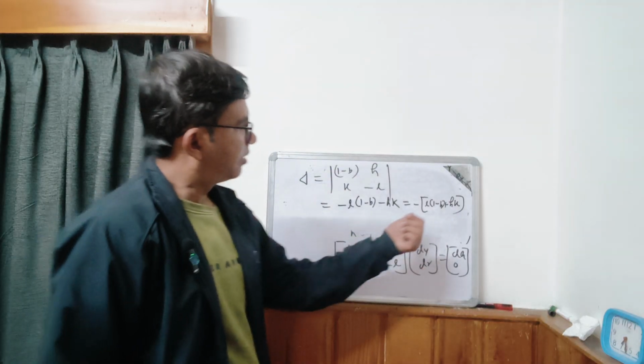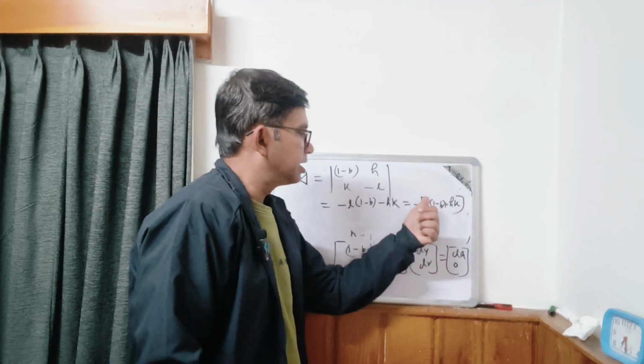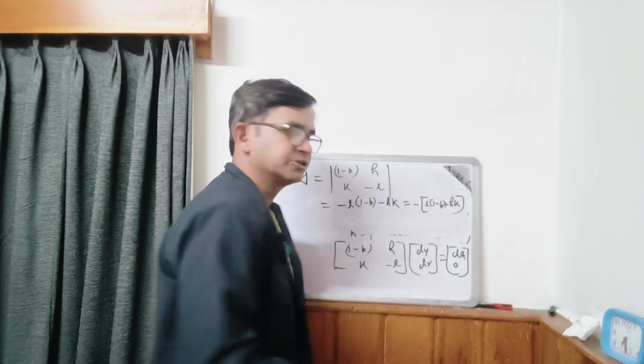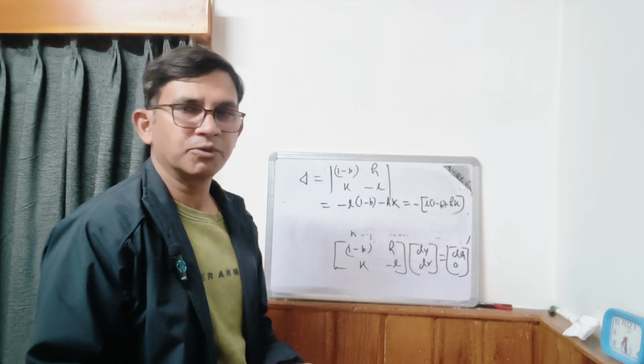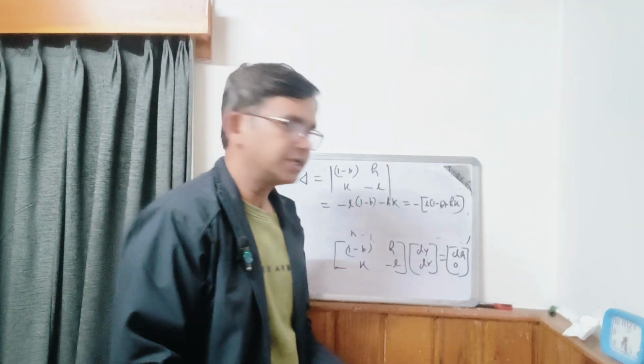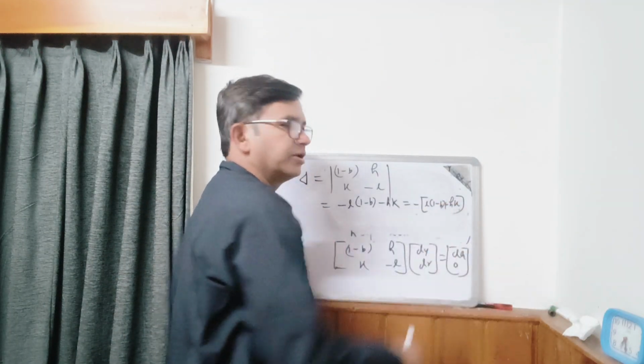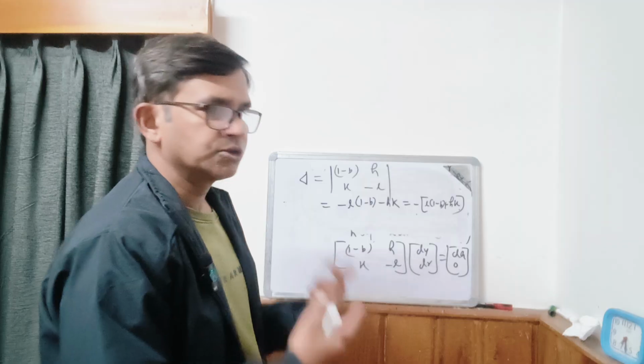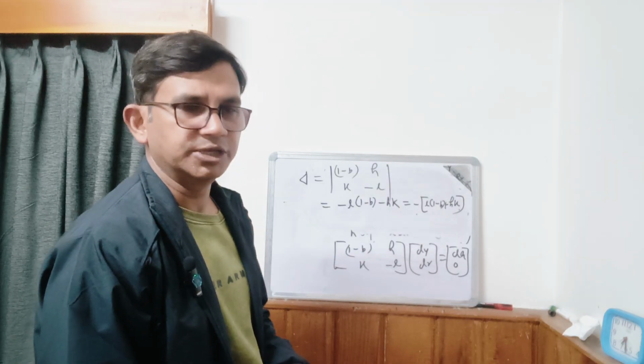L is positive, b is the marginal propensity to consume, so 1 minus b is the marginal propensity to save. It is positive, hk is positive, so the value will be negative. That means it is non-zero, so we can use Cramer's rule here.